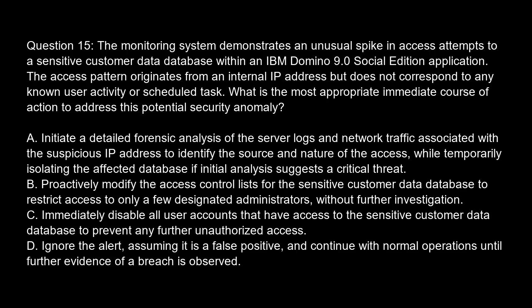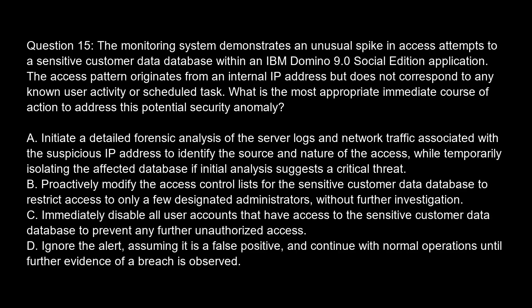Option A. Initiate a detailed forensic analysis of the server logs and network traffic associated with the suspicious IP address to identify the source and nature of the access, while temporarily isolating the affected database if initial analysis suggests a critical threat. Option B. Proactively modify the access control lists for the sensitive customer data database to restrict access to only a few designated administrators, without further investigation.